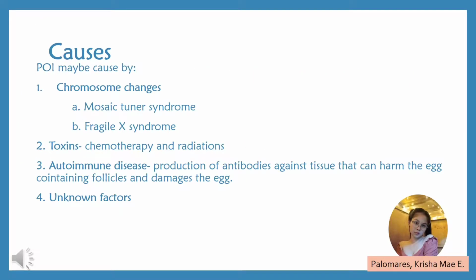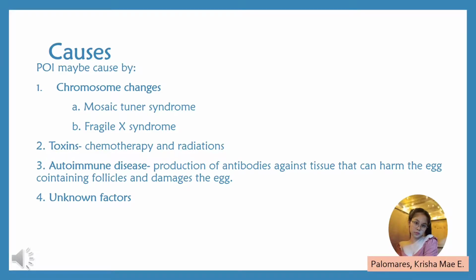Primary ovarian insufficiency may be caused by chromosome changes, or toxins like chemotherapy and radiation therapy, which are causes of toxin-induced ovarian failure. It may also be caused by an immune system response to ovarian tissue, an autoimmune disease, which is a rare form.